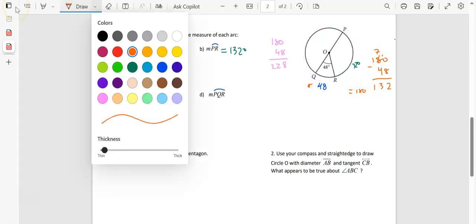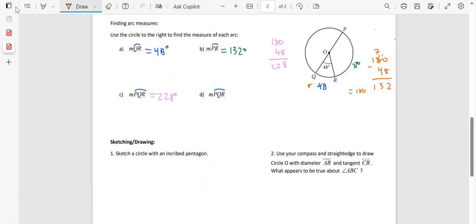And let's call this arc RPQ. So the measure of arc RPQ we could either get by adding 180 to 132, or we could subtract 360 and 48, however you wanted to think about that. I'm going to do a subtraction. And that would have a measure of 312 degrees.